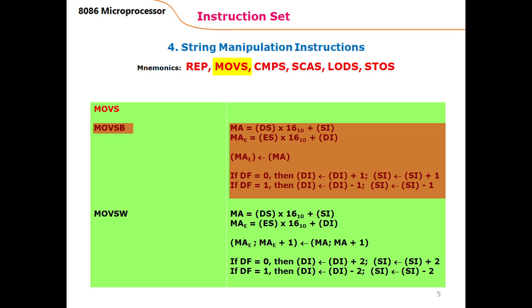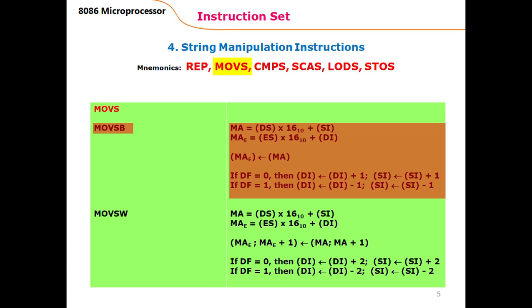The MOVS instruction is similar to the MOV data transfer instruction, but this instruction is the only instruction that is responsible for transferring string data within the memory. So memory to memory transfer is not allowed with the MOV instruction, but it is allowed with the MOVS instruction, and this is the only instruction that allows memory to memory transfer.